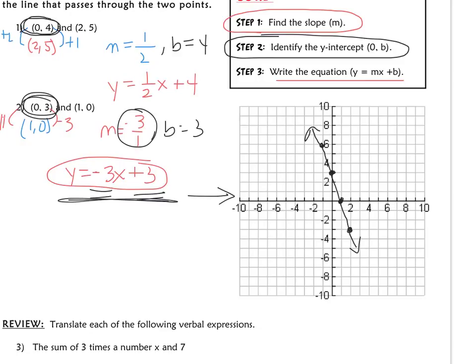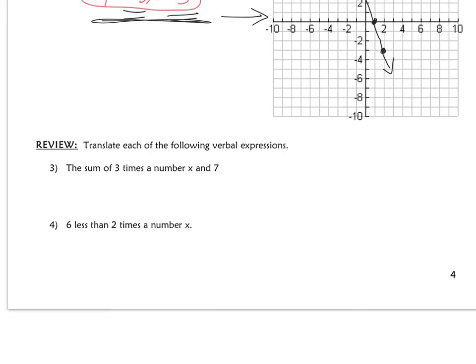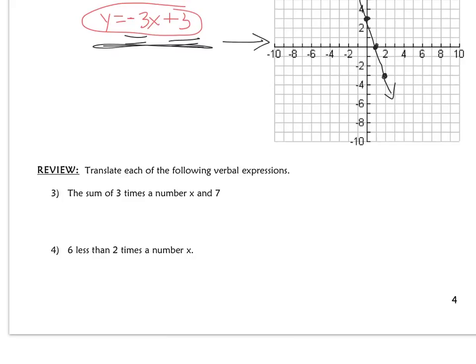Alright, there will also be some review questions on translating, and the idea is eventually towards the end of the chapter I want to translate a sentence into slope-intercept form. So just some quick review.